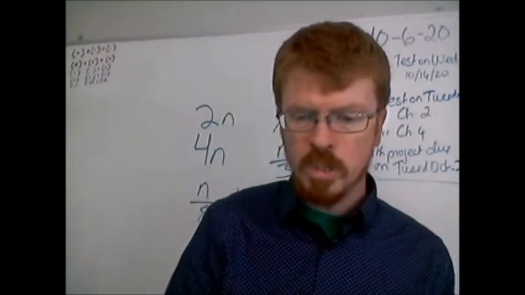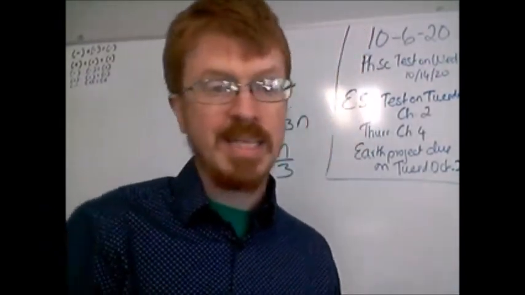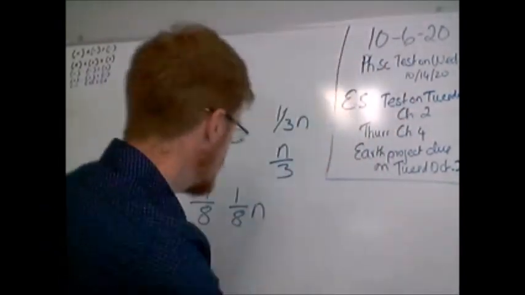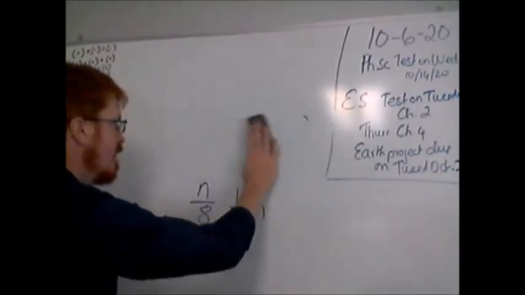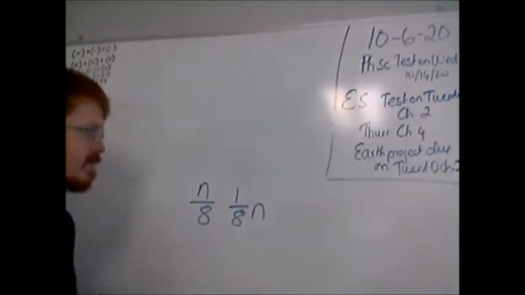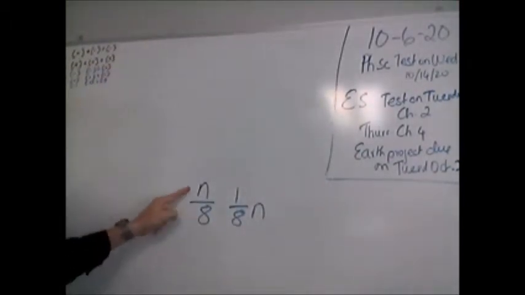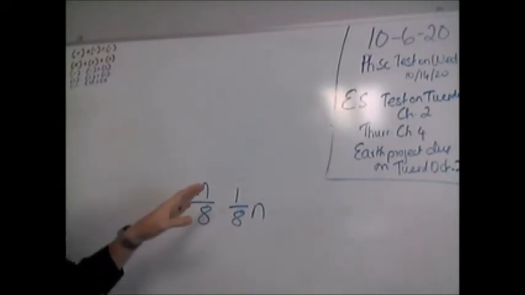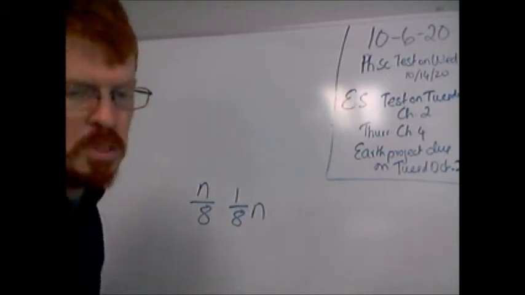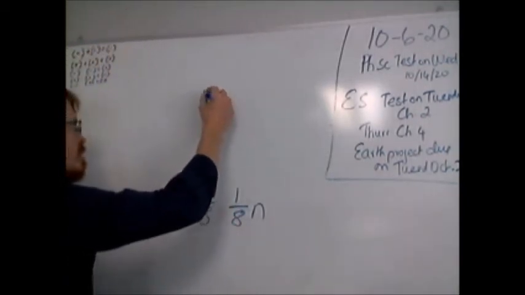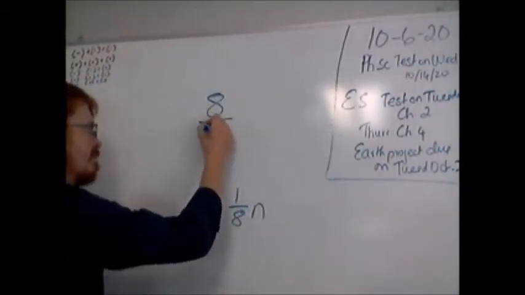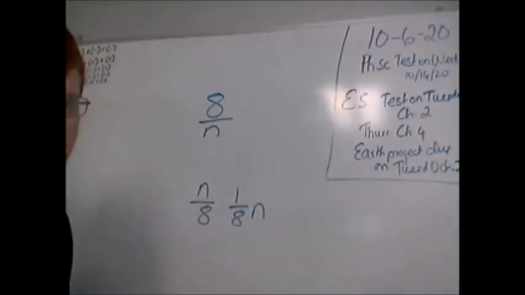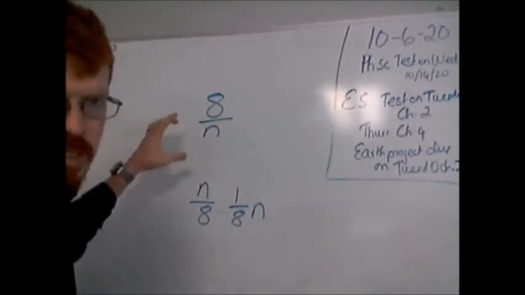Then, the quotient of 8 and a number. Now, this is different. On the first one, they said it was the quotient of a number and 8, so the answer of n divided by 8. Well, with this particular one, it's the quotient of 8 and a number. So the answer of 8 divided by a number. You see the difference?